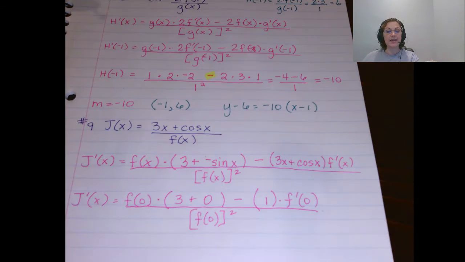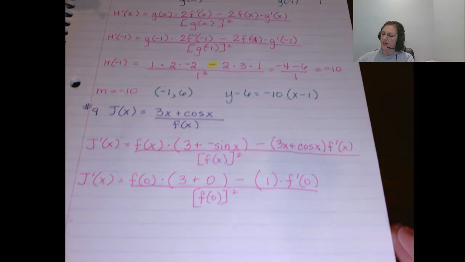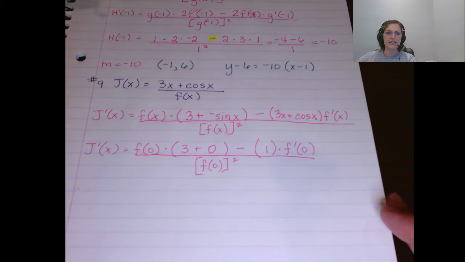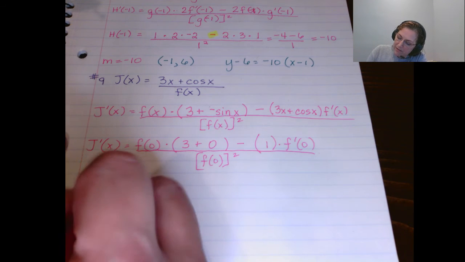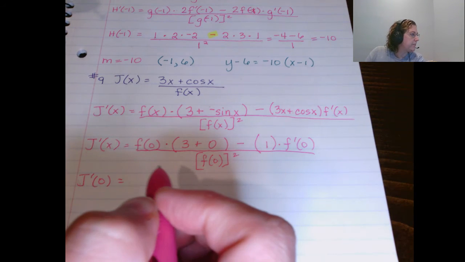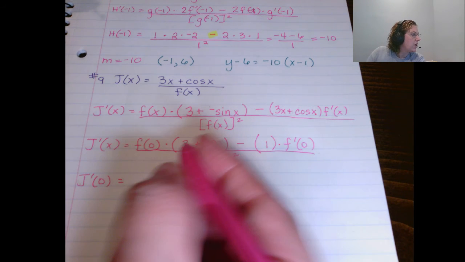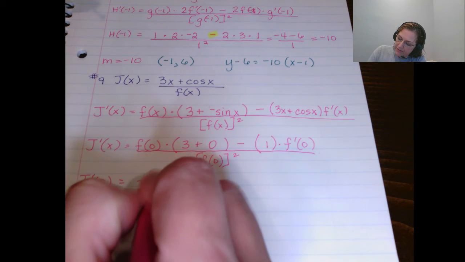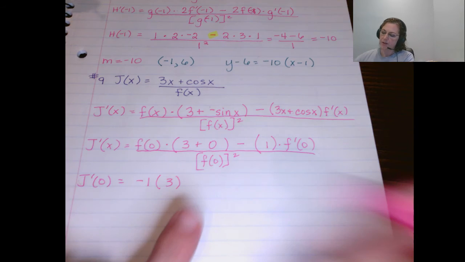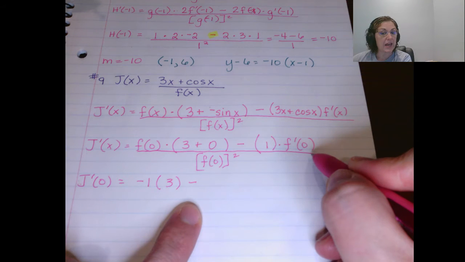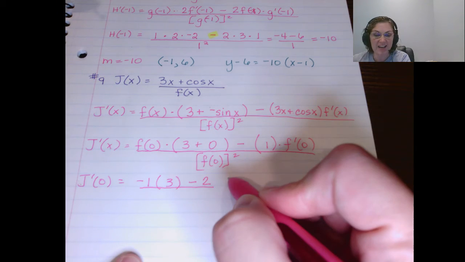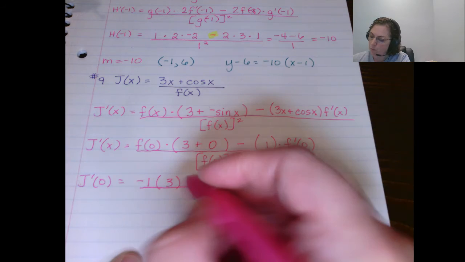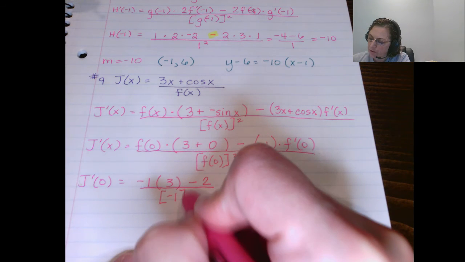Okay, now I can go to the chart for the derivative and the function value at this point. So I've got f of 0, which is -1, times 3, minus 1 times f prime of 0, which is 2, over f of 0, which is -1, and we're squaring that.